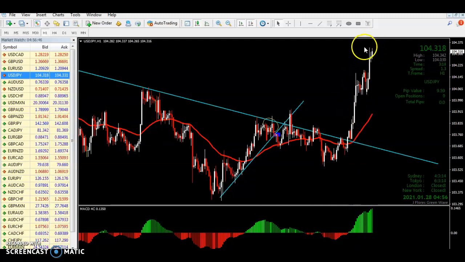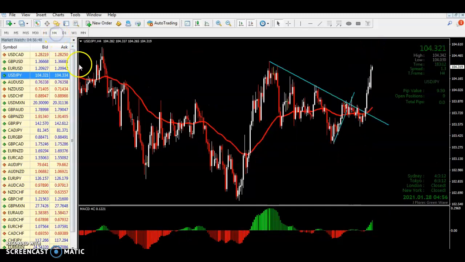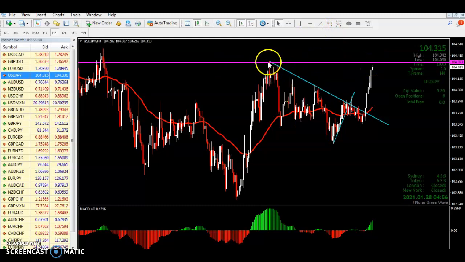It looks very extended already on the 1 hour. So this is due for a correction. I'm not saying that it will stop right there, because it can keep going. But if we look left, we already have a resistance right there. So this can really do a good correction. Or that could be a good entrance. But we're gonna analyze this on Sunday again.